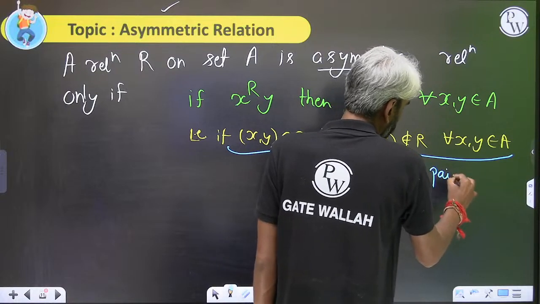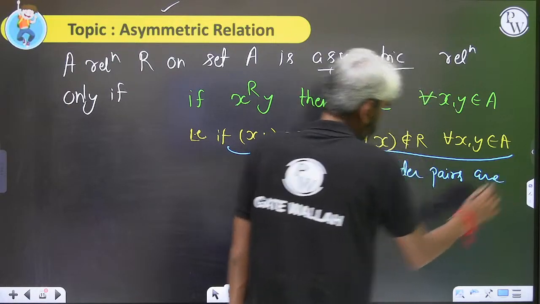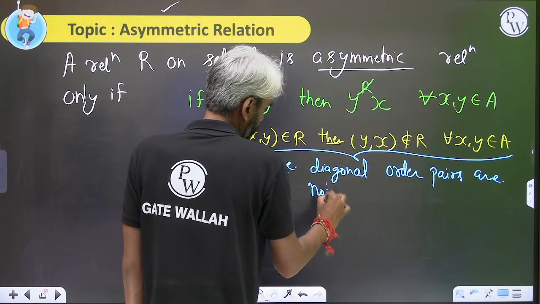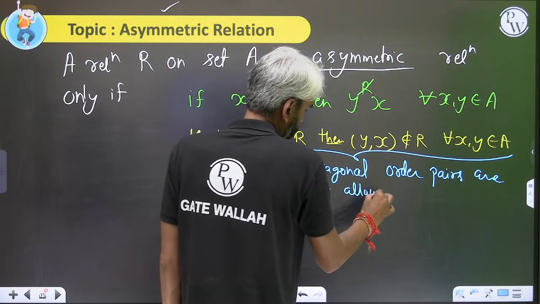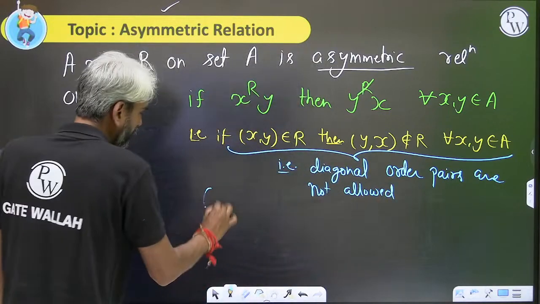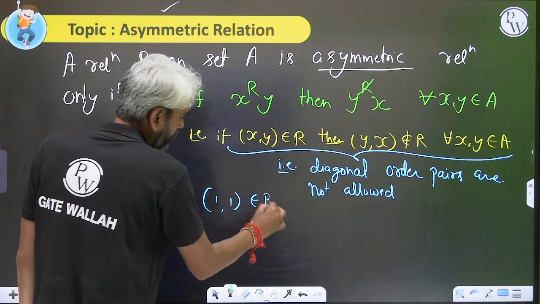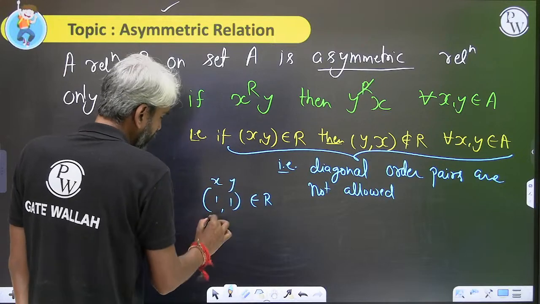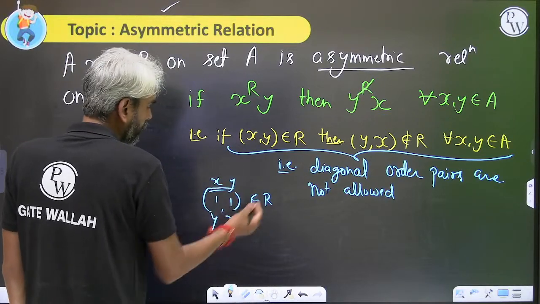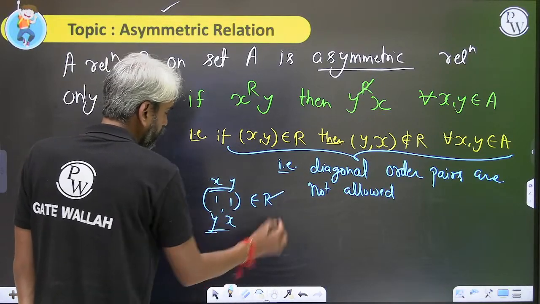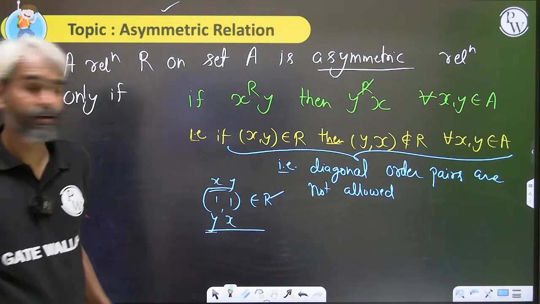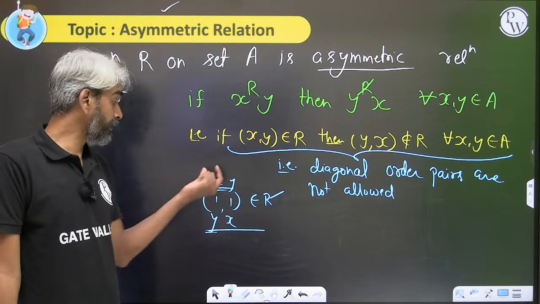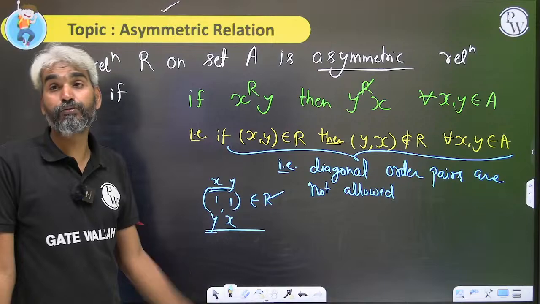Why? Because if we say 1 comma 1 belongs to R, then this is x and y, and at the same time it is y and x. So if x comma y belongs to R, then y comma x will also belong to R if it is a diagonal ordered pair.